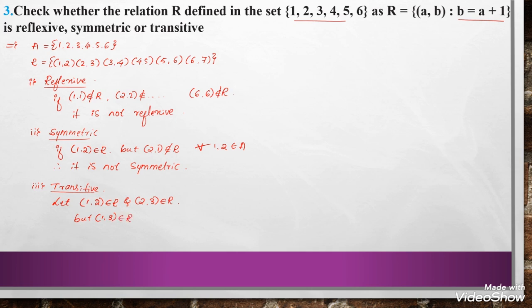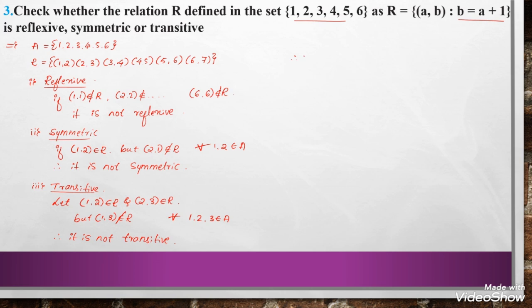According to the definition, if A is related to B and B is related to C, then A is related to C. But here this condition is not satisfied for the elements 1, 2, 3 belonging to set A. Therefore, it is not transitive.